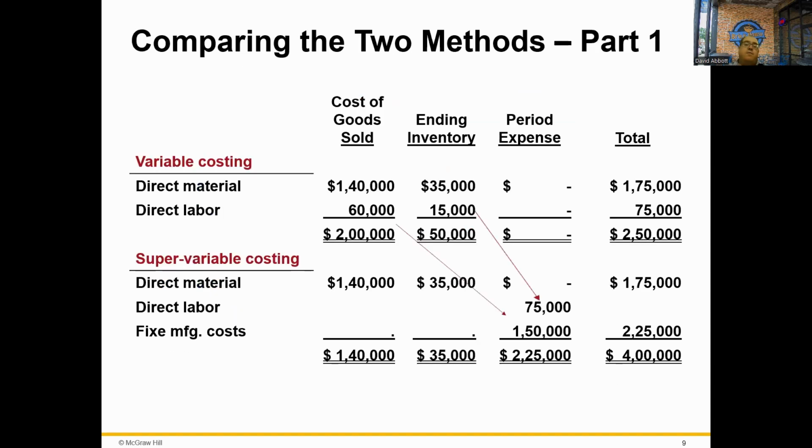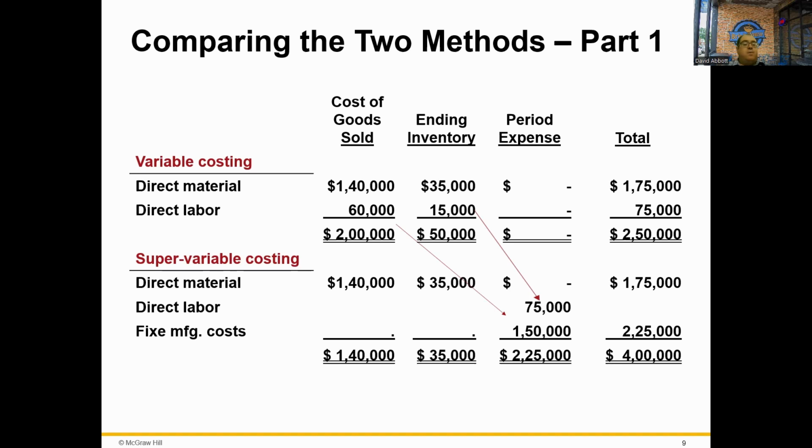So comparing the two methods. Under variable costing, 60,000 of direct labor is included in cost of goods sold, and 15,000 is deferred in ending inventory as an asset on the balance sheet. Under super variable costing, the entire 75,000 of direct labor is treated as a period expense.